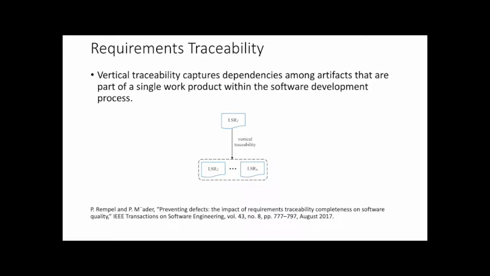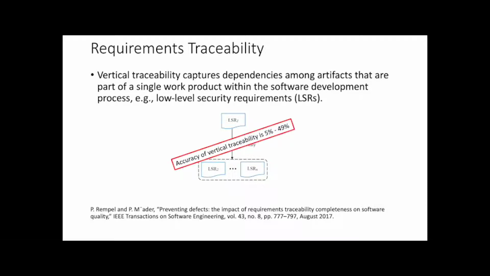Currently, the automatic way to detect the dependencies is requirements traceability, or more specifically, vertical requirements traceability. This type of traceability automation captures the dependence among the same type of software artifacts, in our case, low-level security requirements or system-level requirements. However, much research indicates that the accuracy of vertical requirements traceability is very low.